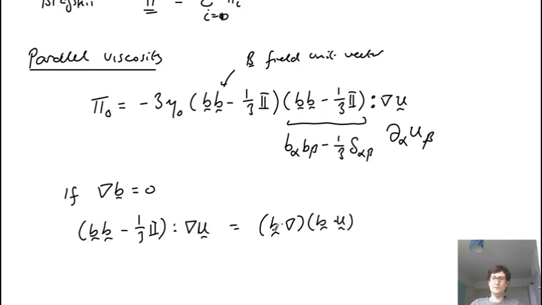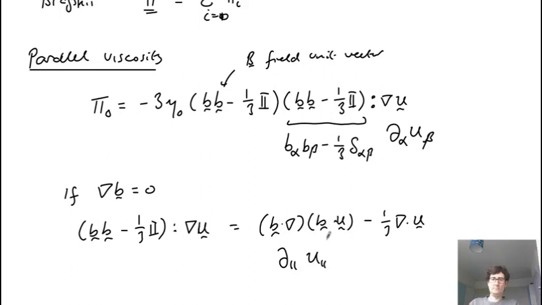So this is the parallel gradient of the parallel component of the velocity minus 1/3 times the divergence of u. So the divergence of this term will be the diffusion of the parallel velocity. So we can write this as basically the parallel gradient of the parallel velocity.